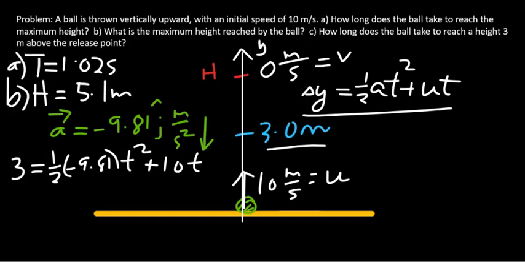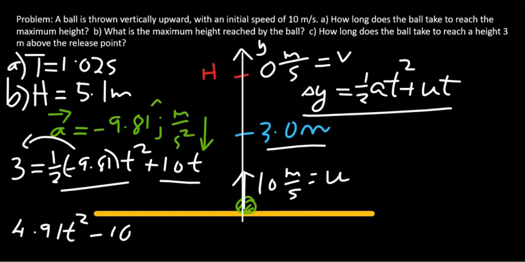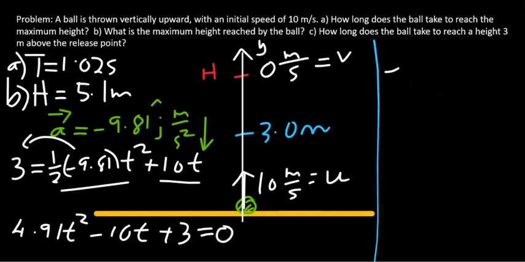This is a quadratic equation in time, so let's rearrange all the terms. That term is quite simply 4.91 t squared. Let's bring it to that side. This one becomes minus 10t after you bring it to the left, and you have the 3 there equals 0. So let's solve the quadratic equation.